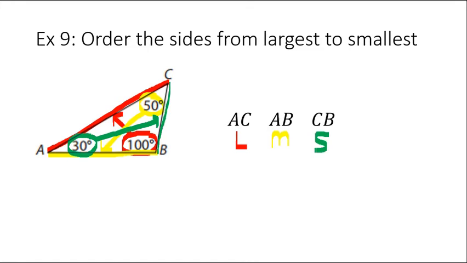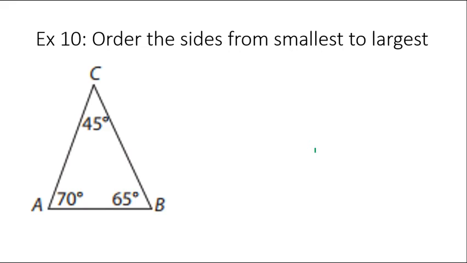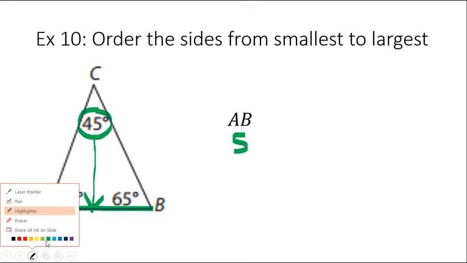In example 10, this time I'm going to order the sides from smallest to largest. So I want smallest first, so I look for my smallest angle, which is 45. That means the side opposite 45 is AB. So I start off by writing out AB, which is my small side. Now I want to find my medium side here.